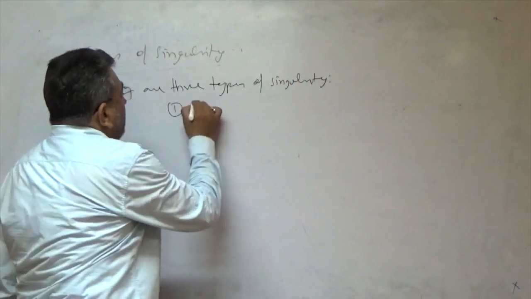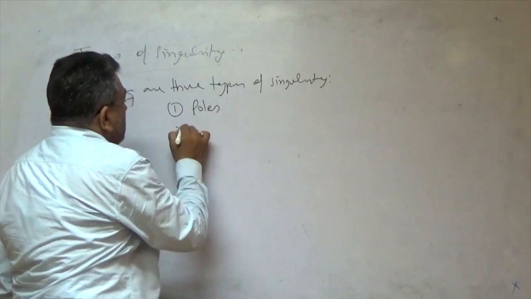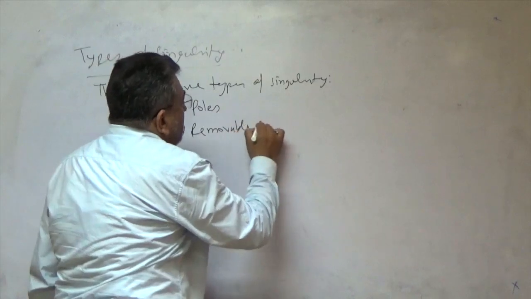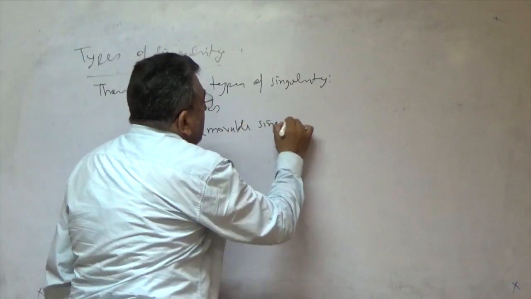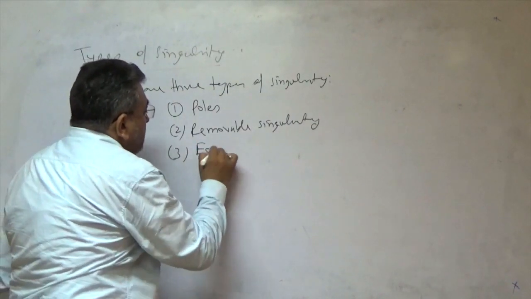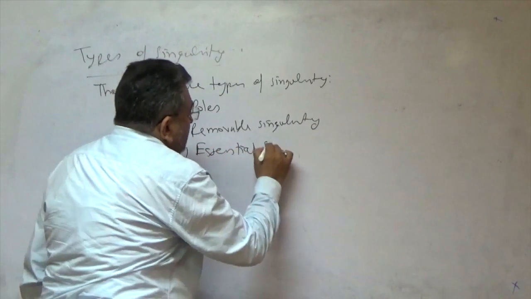One is poles, second is removable singularity, and third is essential singularity.